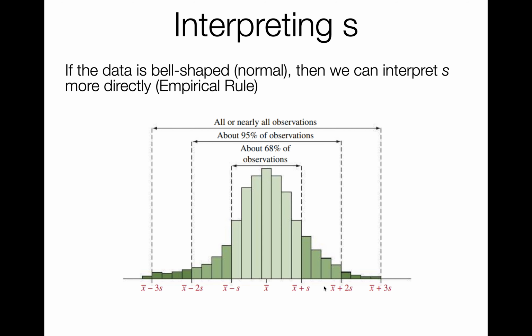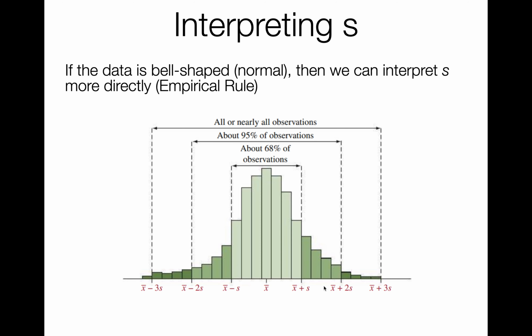That is sort of true, but it turns out that data that looks like a bell, when plotted in a histogram like this on the screen, is very, very common in statistics. We're going to call curves or data that look like a bell normal data. We'll talk later about this, but for now just think bell-shaped.